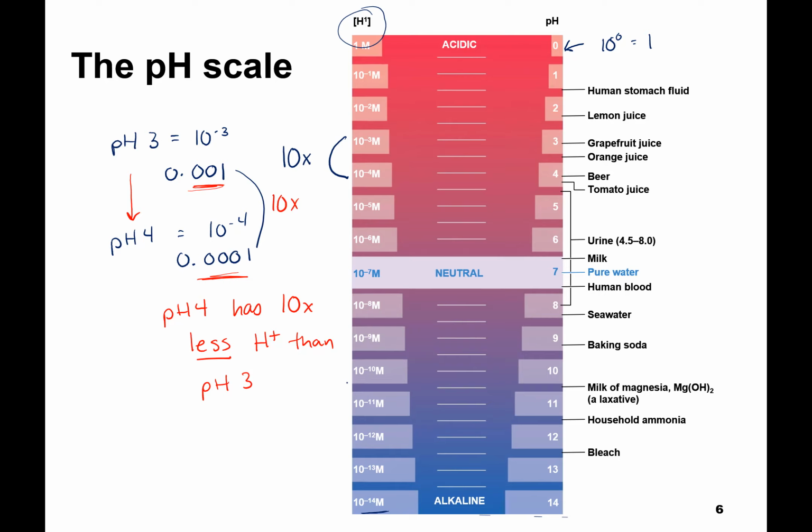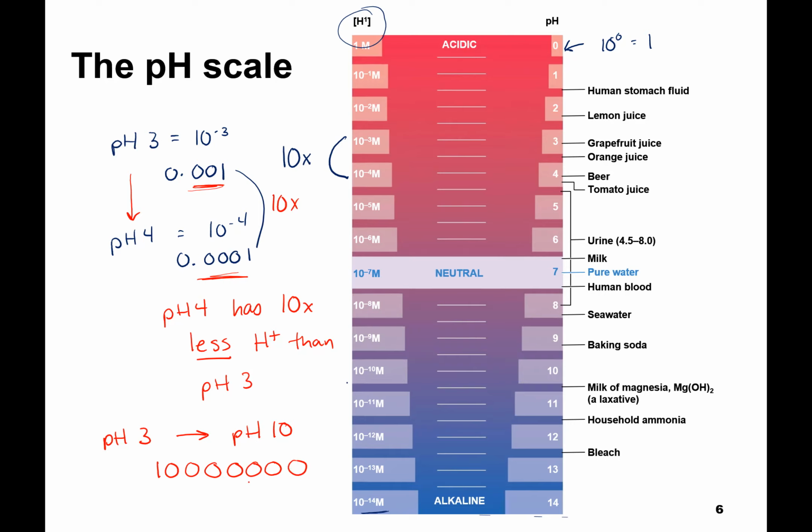So if you went from pH 3 to pH 10, let's say, 7 pH values, that means you have 1, 2, 3, 4, 5, 6, 7.